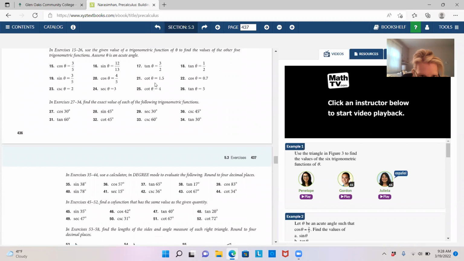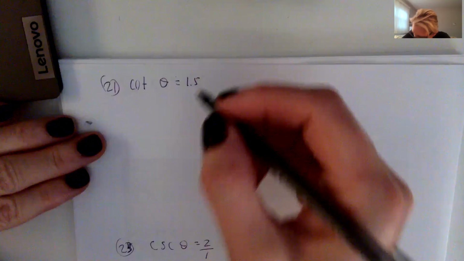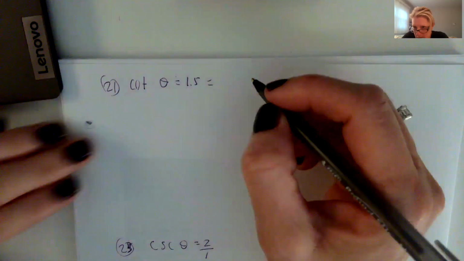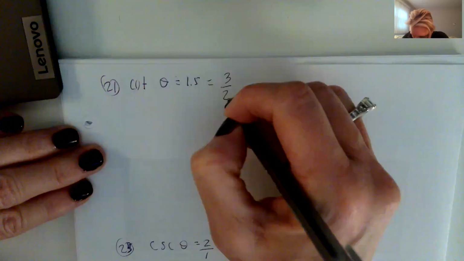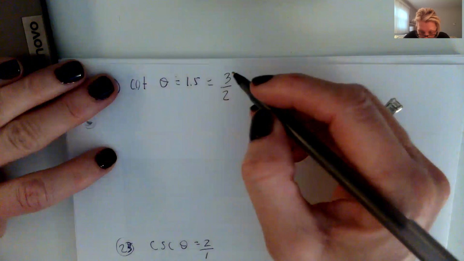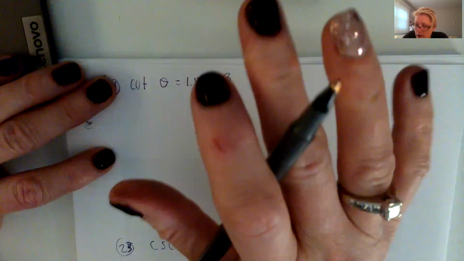21 is the cotangent is equal to 1.5. Okay, so let's go back to my paper here. So cotangent is 1.5. And let's put that into fraction form. It's 3/2 because that tells us something, like cotangent is the reciprocal of tangent.